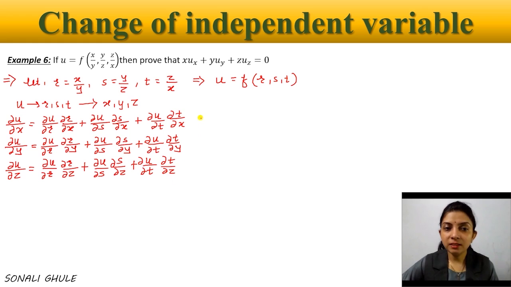So these are the chain rules that we got here. Here your function is of 3 variables, so we got a chain rule 3 times.